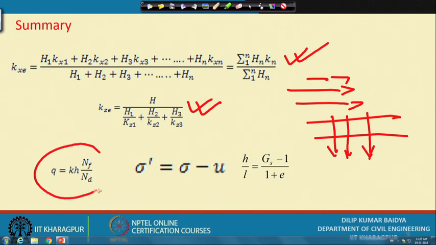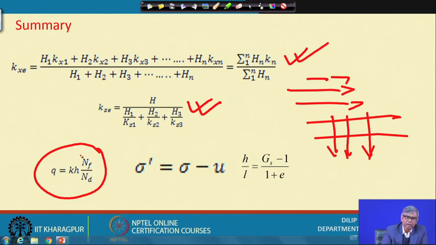If you draw the flow net, then from there, the number of flow channels and the number of potential drops, and if you know the upstream head and downstream head, I can find the quantity of seepage equal to permeability times head difference between upstream and downstream, times number of flow channels divided by number of potential drops. So, based on that I can find out the quantity. This is also another important formula to be remembered.